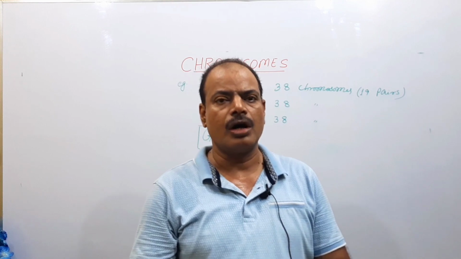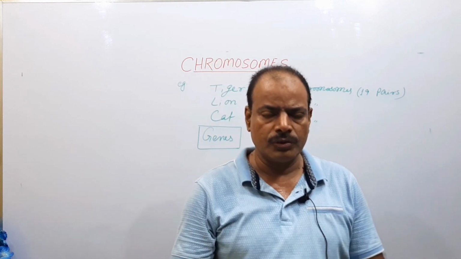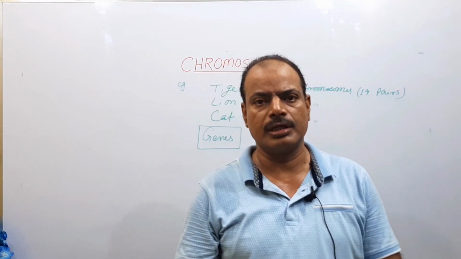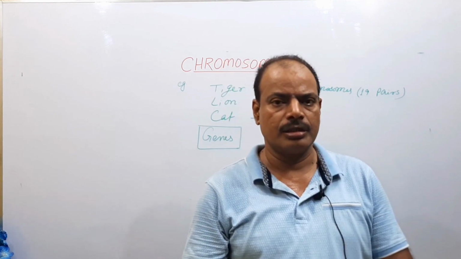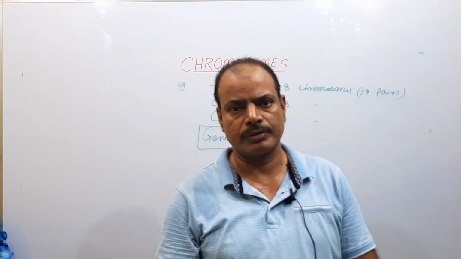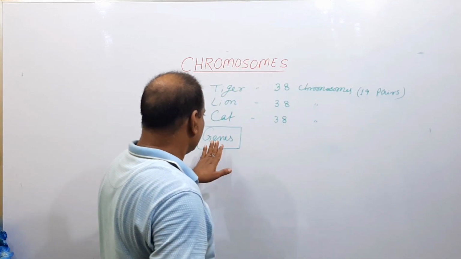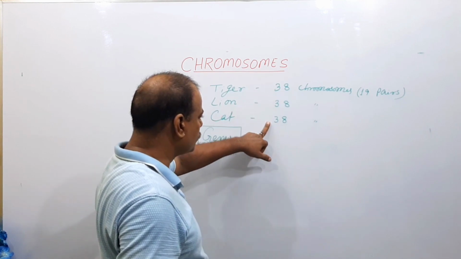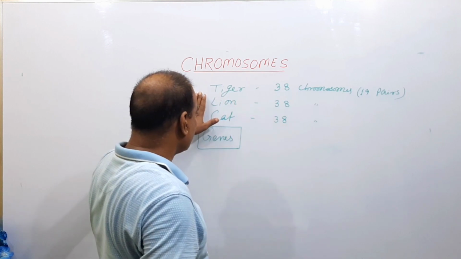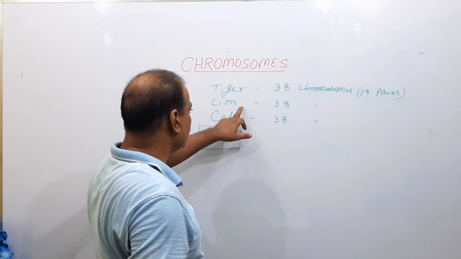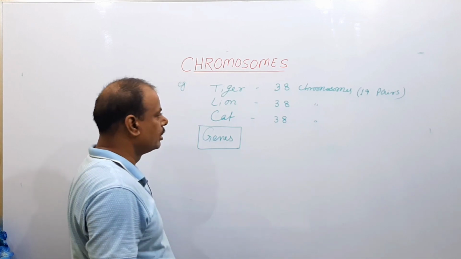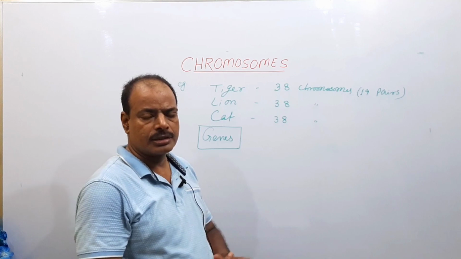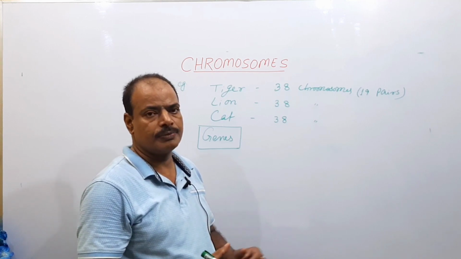Due to genes, similarities and dissimilarities are carried from parents to their offspring. So genes are different on the chromosomes of tiger, lion and cat. That's why they are different in shape, size, nature and behavior.